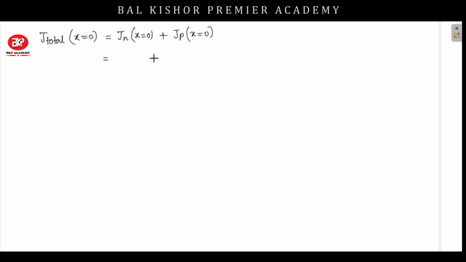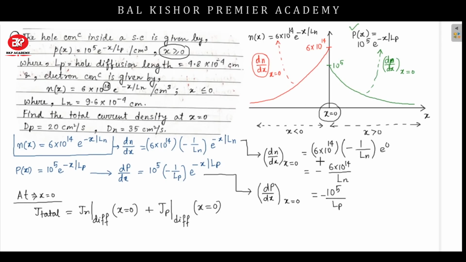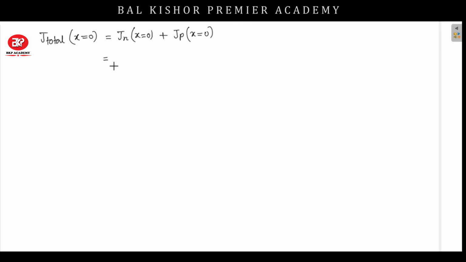Now what was Jn? Jn can be written as plus q into dn into dn by dx at x equals to 0.